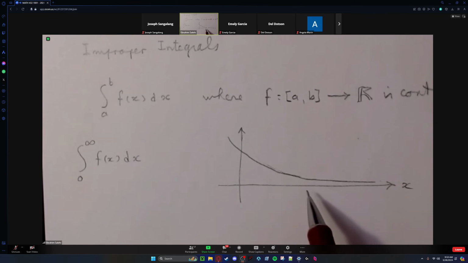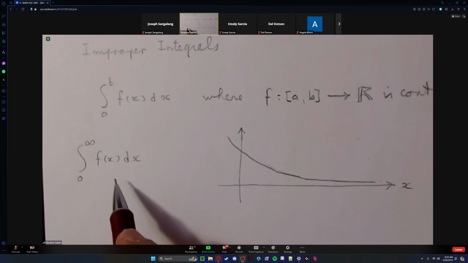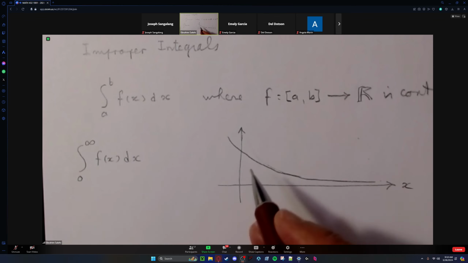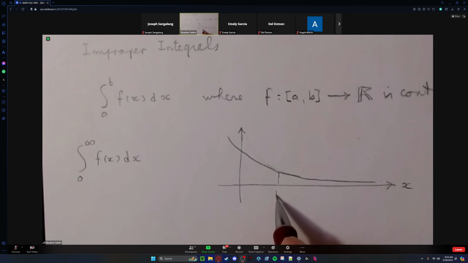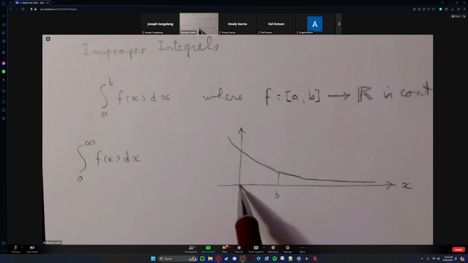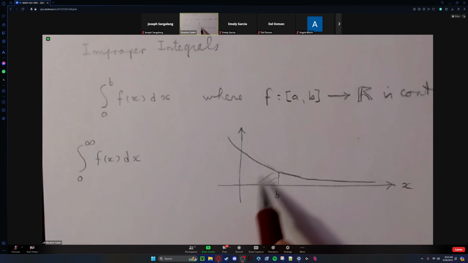So how do we treat this type of integral? Well, what you do, you integrate from here 0 to this number. And remember, integral from here to here gives you this area.